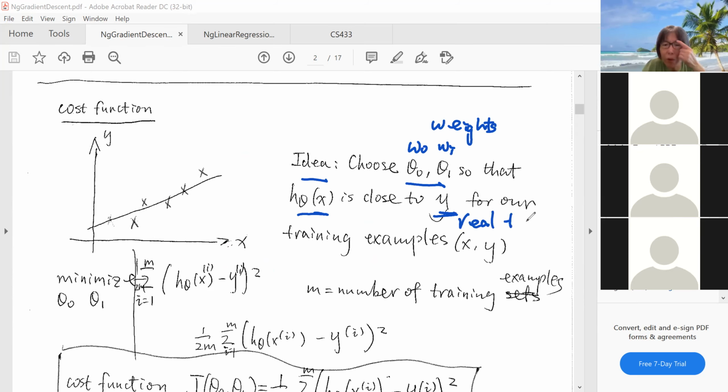So this is a real target, is it? And this is a predicted target value. We want to get these two values close. But here it's not a single one. You have a number of samples. So how do we optimize?